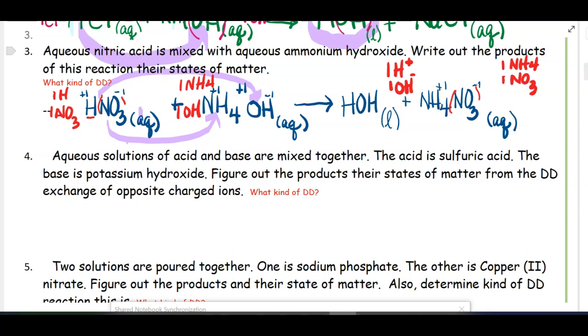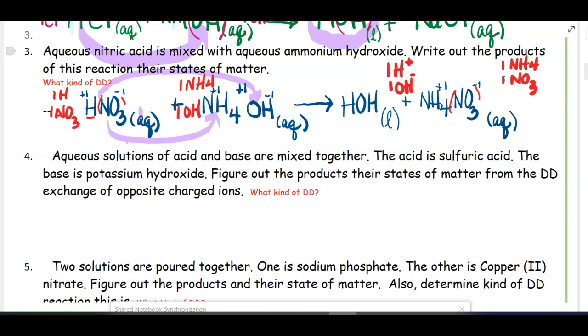So, Mark, do you think this equation is balanced as is? What do you need to fix? What is there not the same number of? Well, then count.